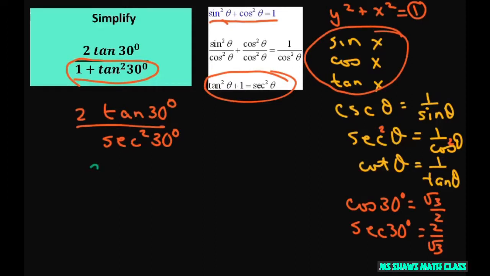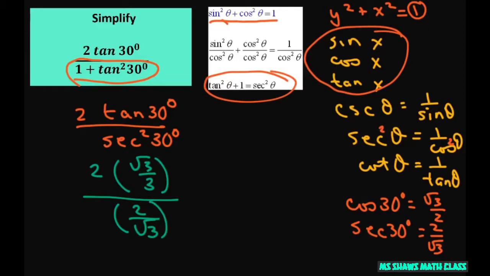So let's do this again. We have 2 tan of 30 is square root of 3 divided by 3. And secant is 2 divided by square root of 3. And then you square it.